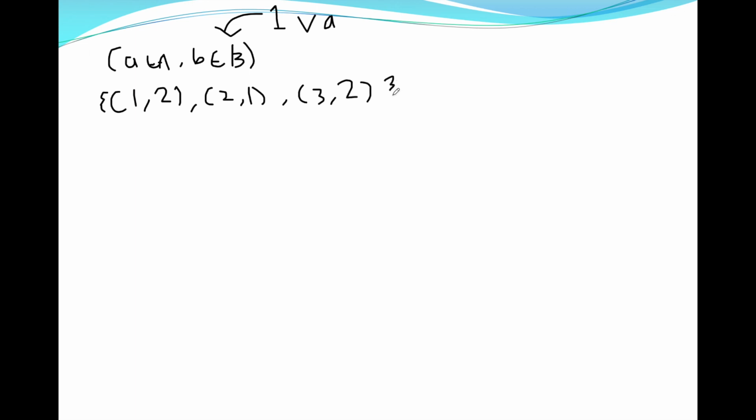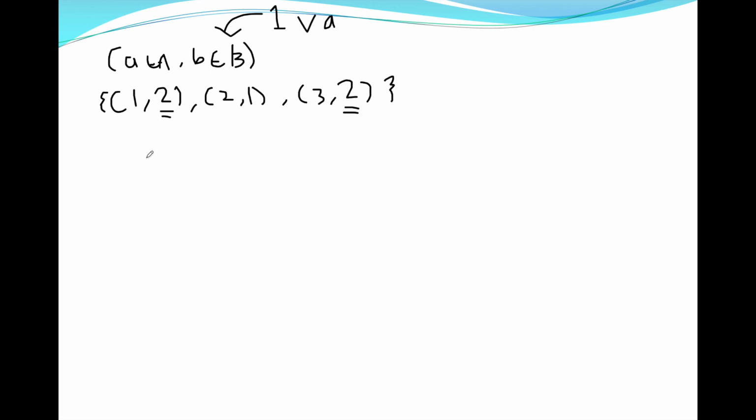So basically this is the function: (1, 2), (2, 1), and (3, 2). But if you notice here, the image value 2 exists two times. First in here and second is in here.